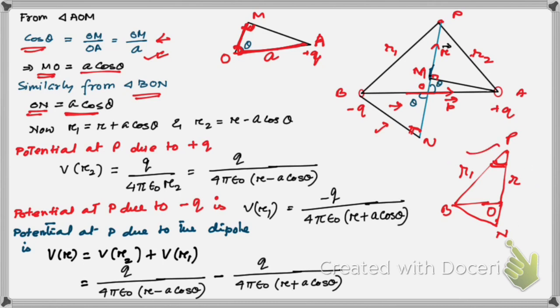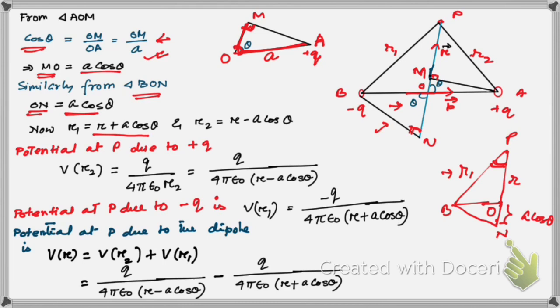So this R1 can be written as the sum of these two segments, that means R plus ON, and we have got ON as A cos theta. So R1 is R plus A cos theta.